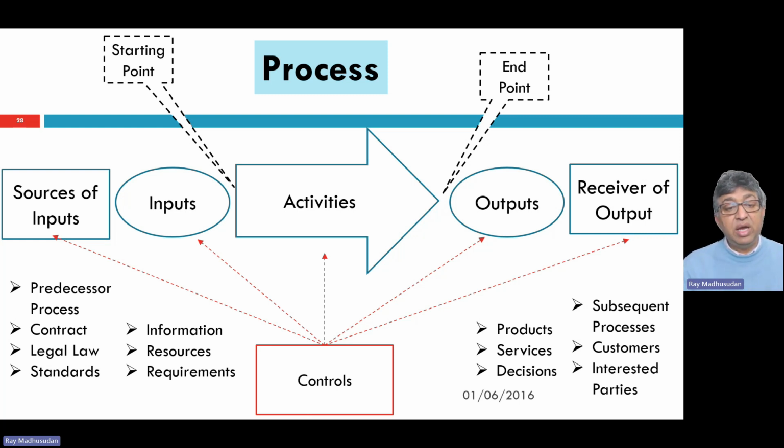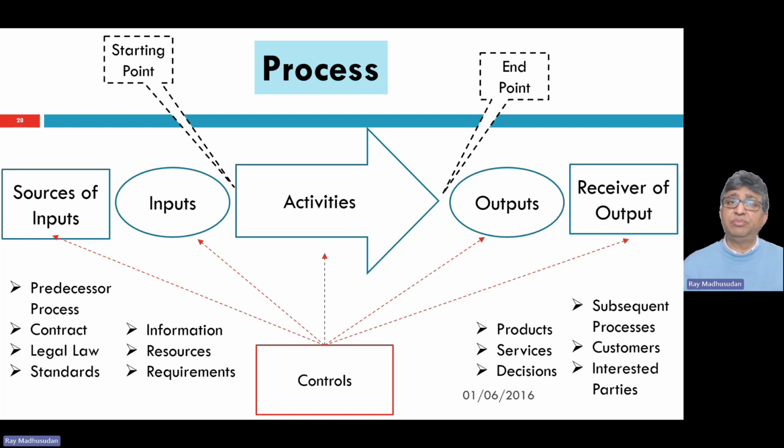Now, the sources of inputs are the predecessor process, or information such as the contract, legal requirements, whatever documents, or the standards. That information is the input, and then you get the output, the product, even ideas. As a consultant, we sometimes give ideas.